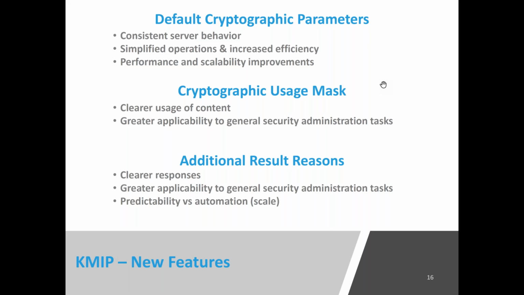So sometimes they weren't as clear as they needed to be, and we certainly didn't have the rich set required to run at very large volumes and actually get repeatable errors out or understandable errors that aided in solving issues. So we've added a much larger set of response codes that enable better troubleshooting. So again, helping us with automation and scale, which has been a large focus for the TC.